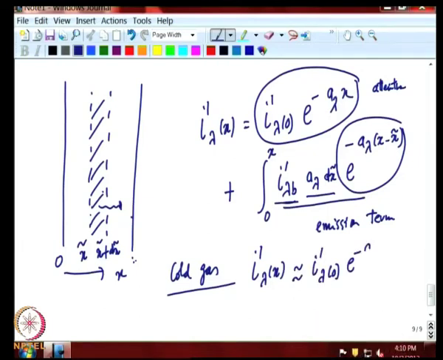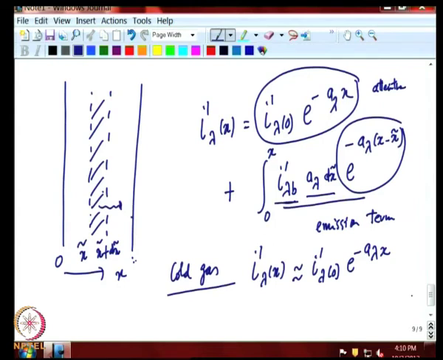So, this may be relevant in some situation where the gas temperature is very small compared to the temperature of the solid surface here, and imagine there is a hot ball of furnace emitting to a cold gas, in which case the emission term is small, only the absorption term plays the role.